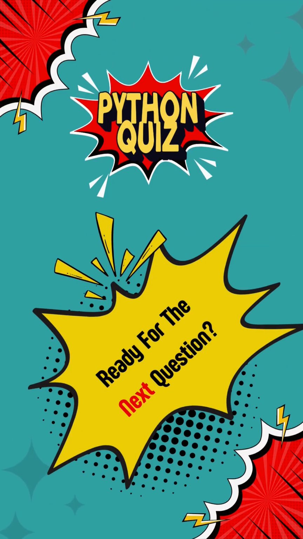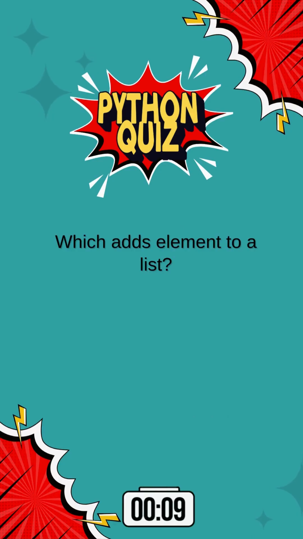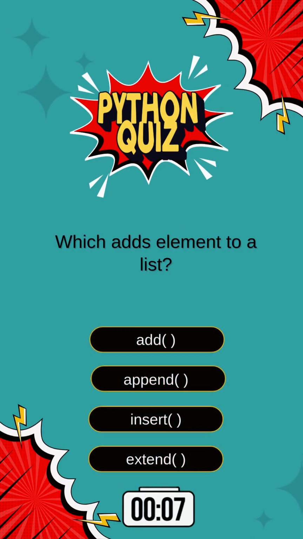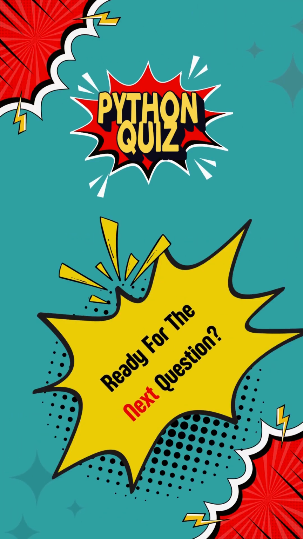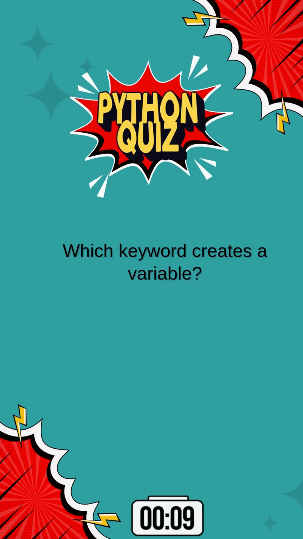Ready for the next question. Which adds element to a list? Ready for the next question. Which keyword creates a variable?